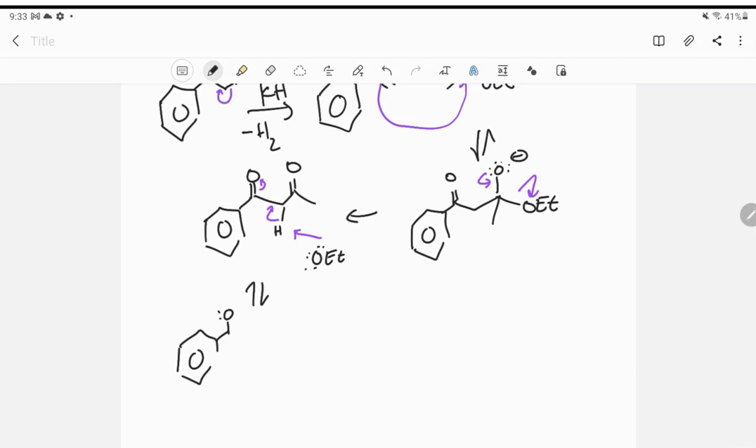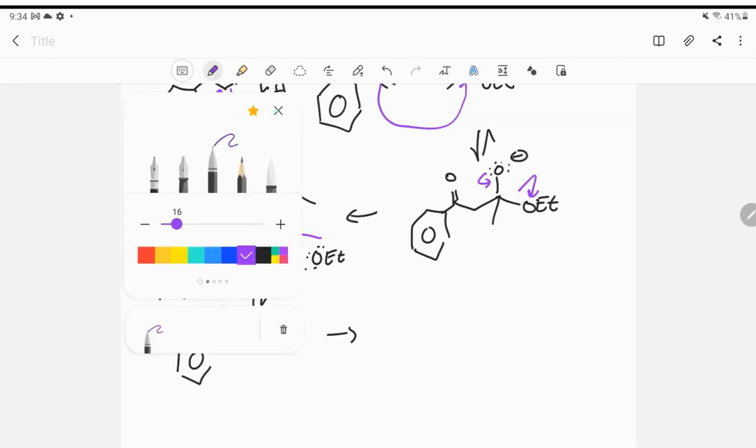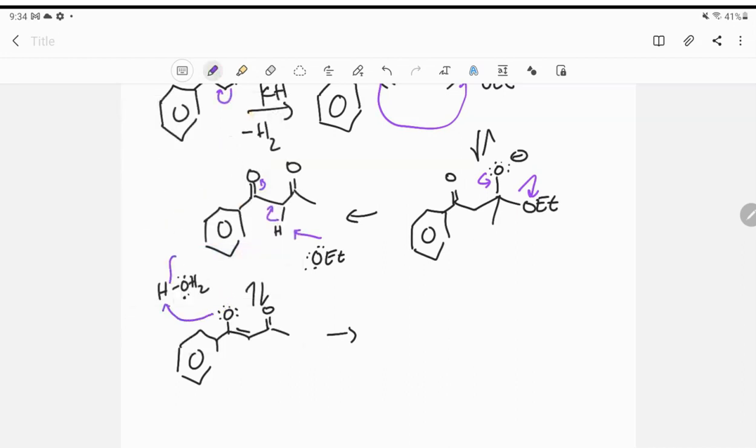So if we have that just floating around in our flask, of course this thing is resonating to either carbonyl, so it's extra stabilized. As soon as we protonate this thing, right, we lost ethanol, by the way. As soon as we protonate this thing, we end up with the enol, which will just tautomerize to the ketone, the diketone.